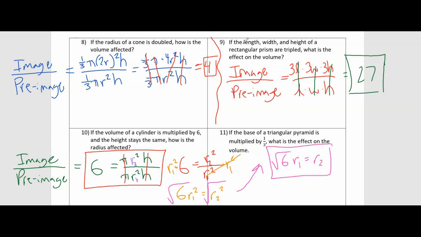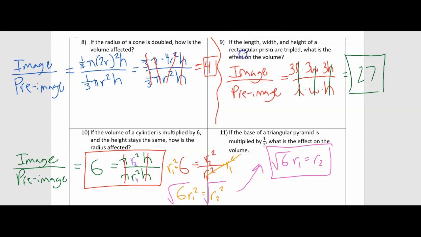So let's think about what this means. Well, it means that the new radius is the square root of 6 times longer than the original radius. So the radius increases by a factor of root 6 from the pre-image to the image if the volume changes by a factor of 6. And that kind of makes sense.